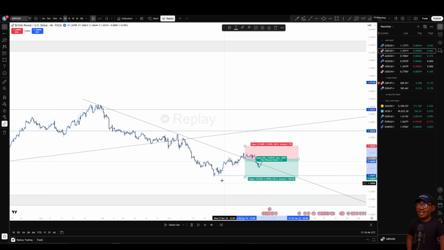What we are looking for is to hit our take profit so that we can exit the trade. Okay, it's trying to play around a little bit. Okay, so the large impulse downwards. Okay, right there. Okay, so we just hit our take profit, and this is how the trade goes.